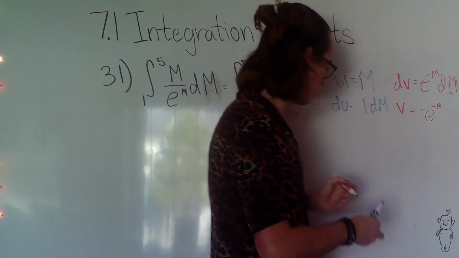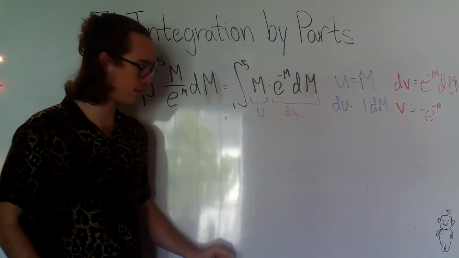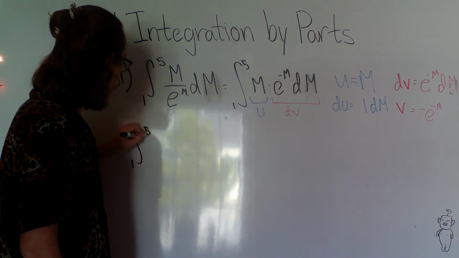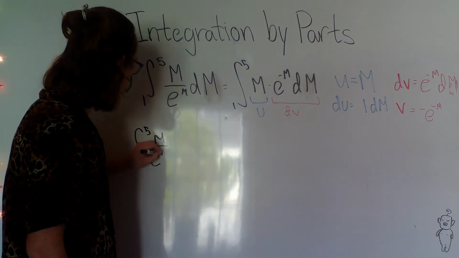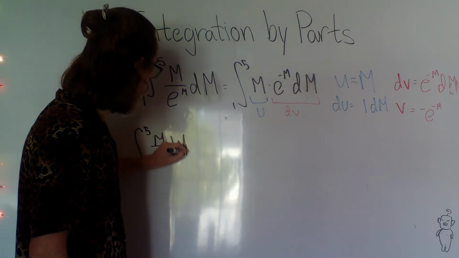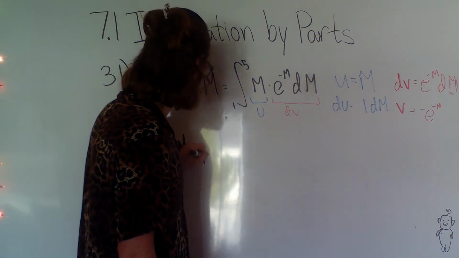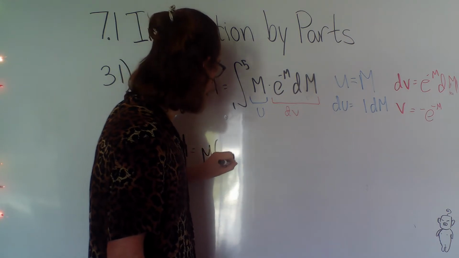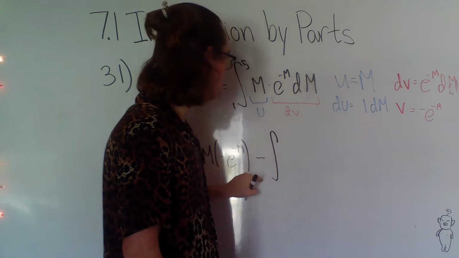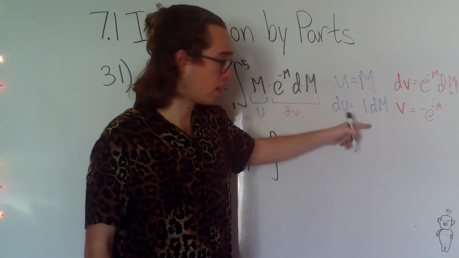And so now we can just do the integration super easily because we have our integration by parts formula. So we can say, well, this integral from 1 to 5 of m over e to the m dm is going to be equal to uv, so m times negative e to the negative m, minus the integral of v du, which is just dm as our du.